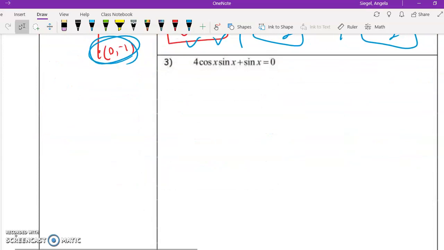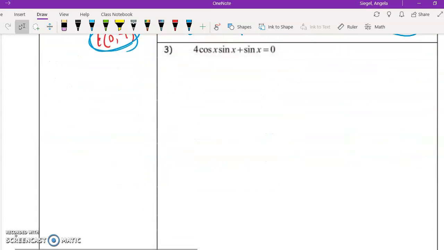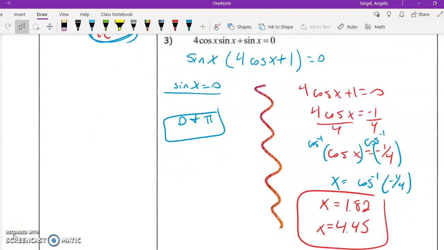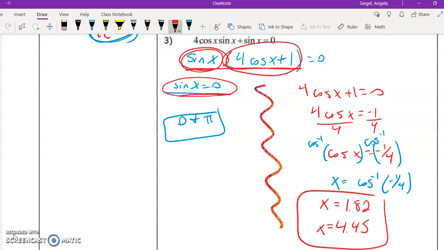Okay, so see if you can do this one all the way on your own, and I'll work through my steps and see if we end up in the same spot. Okay, so both of these are kind of repeats of things that we've had, so hopefully you saw that already. But first of all, I factored out a sine of x, and so I got these two pieces. So sine of x equals 0, and 4 cosine of x plus 1 equals 0.